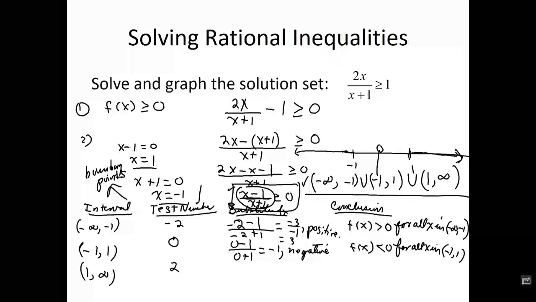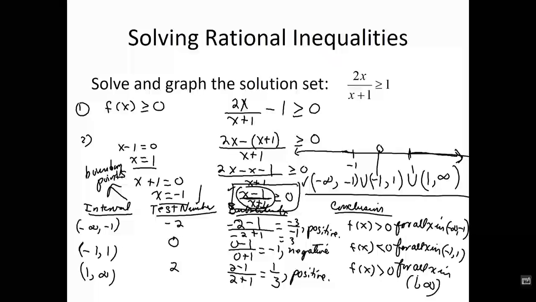We have 2 minus 1 divided by 2 plus 1, so we get 1/3, which is positive. So the conclusion is that in the interval from 1 to infinity, f of x is greater than 0 for all x in the interval from 1 to infinity.